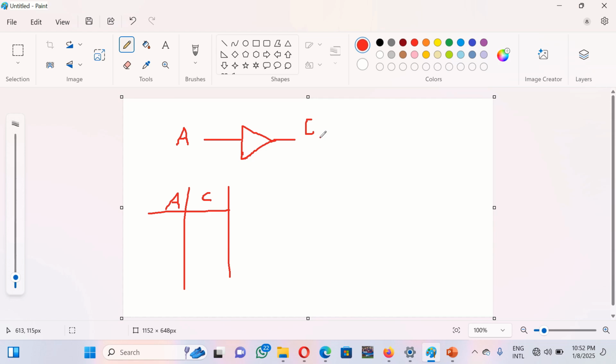What happens is that the NOT gate always provides the opposite of whatever is at the input. So if I have negative at the input, it ends up providing positive at the output.